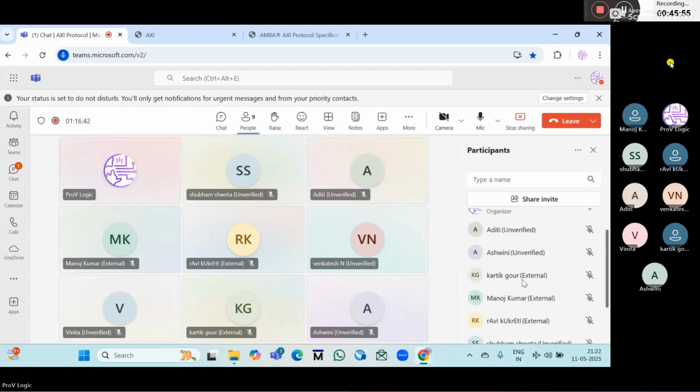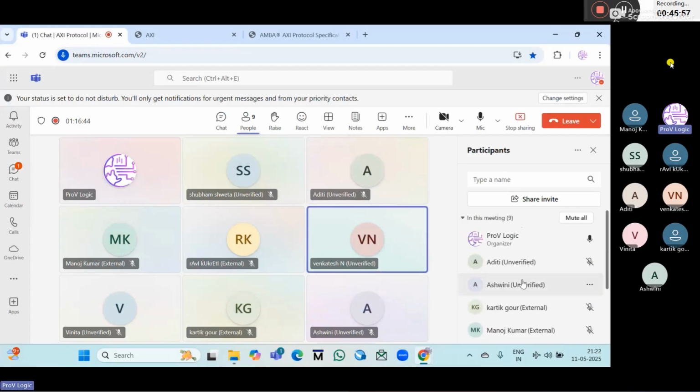Why? For the read side we don't have the response; only for the write side we have the response, because we only get the write data response when the write data is properly transferred to the slave. For read, we don't need any response. Okay, fine.